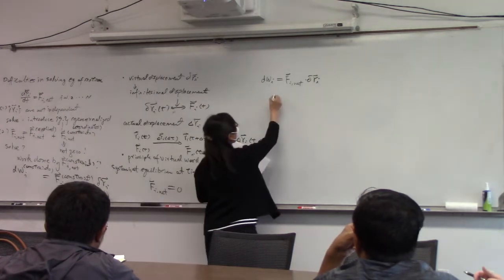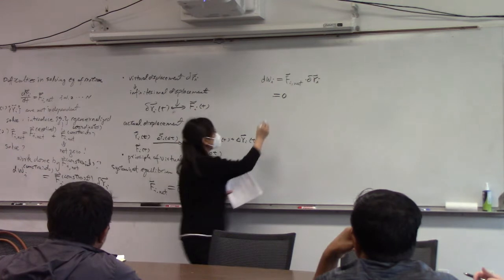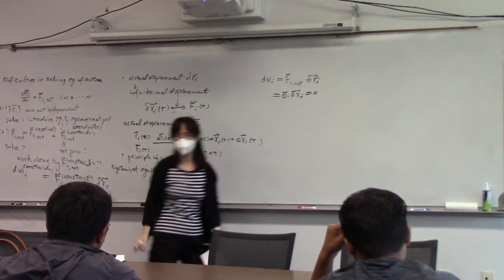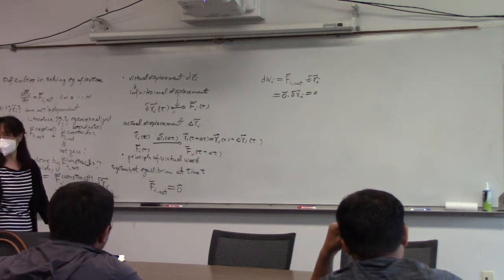So how much is it? It is zero, because the net force is a zero vector. At equilibrium, yes, that makes it zero, no work done on the particle.